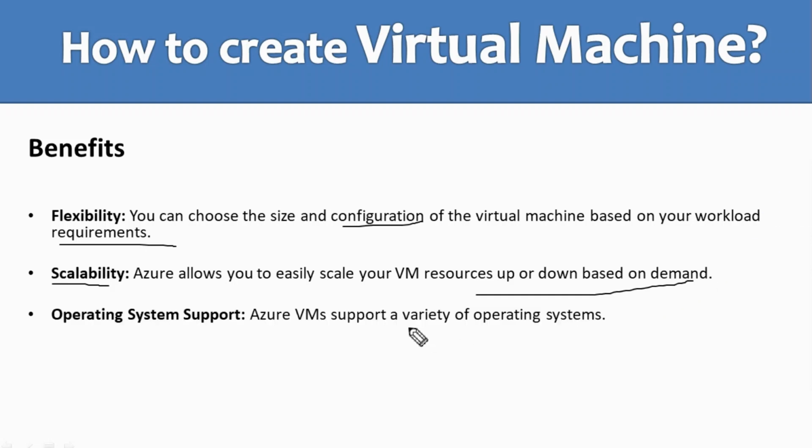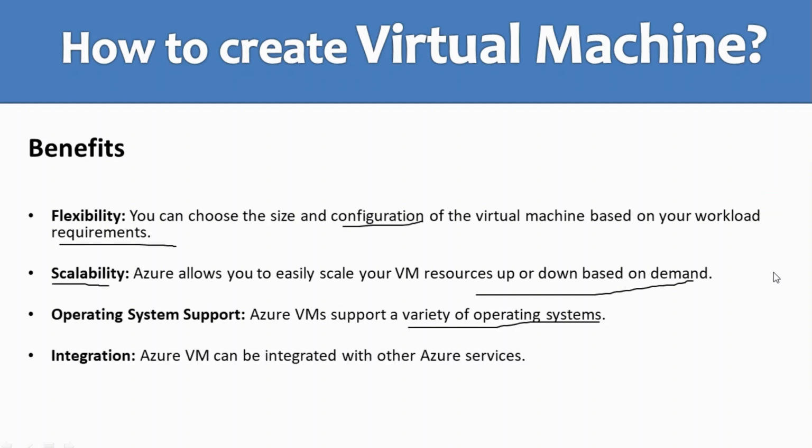Then operating system support. Azure VMs support a variety of operating systems, including various Linux distributions and Windows Server editions. Integration. VMs in Azure can be integrated with other Azure services such as Azure Virtual Network, Azure Storage, and Azure Active Directory, which provide a comprehensive cloud computing environment.